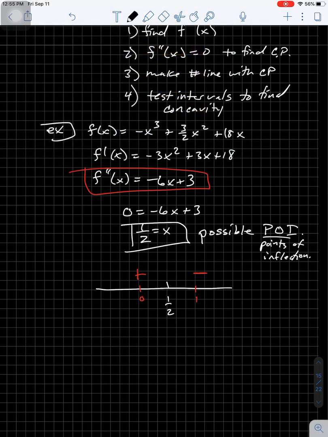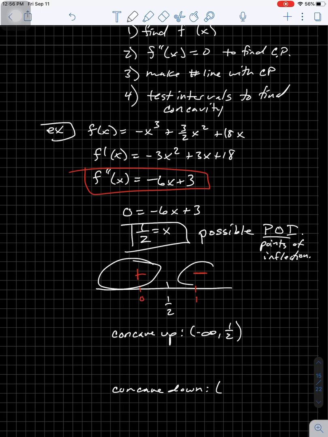A positive value on an interval means that the graph is concave up. Makes sense. Positive is up. So this graph is going to be concave up on negative infinity to 1/2, and it's going to be concave down anywhere the interval is negative. So from 1/2 to infinity.